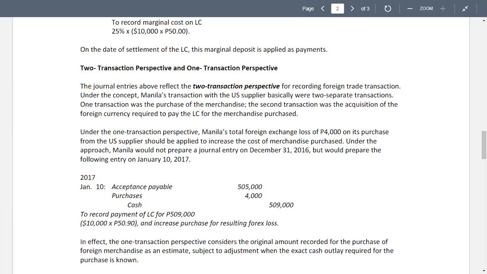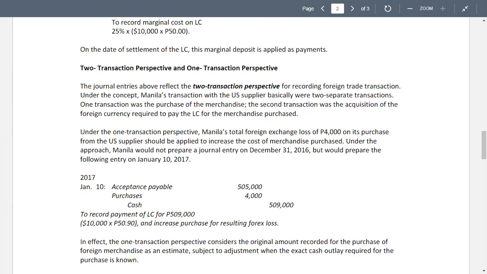Debit, on January 10, acceptances payable 505,000. We also debit purchases 4,000 and credit cash 509,000, to record the payment of the letters of credit and the increased purchase resulting from the forex loss.